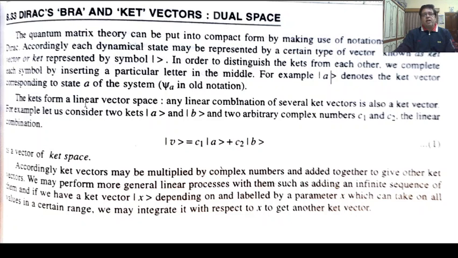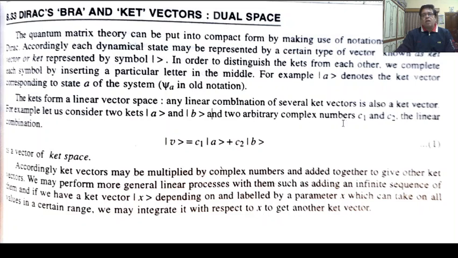The kets form a linear vector space. Any linear combination of several ket vectors is also a ket vector. For example, let us consider two kets, ket A and ket B, and two arbitrary complex numbers.